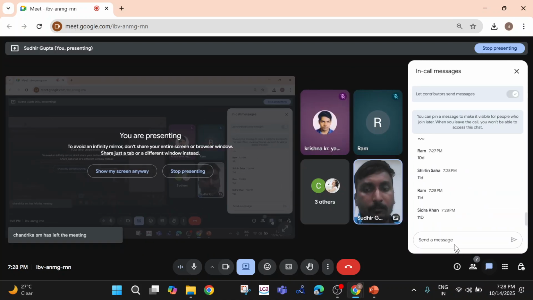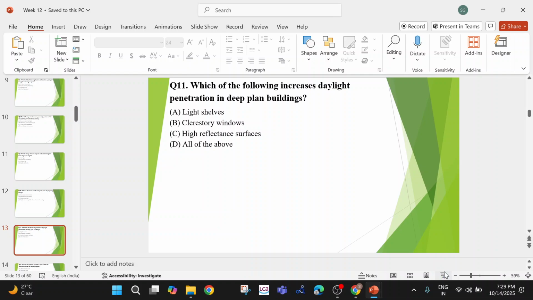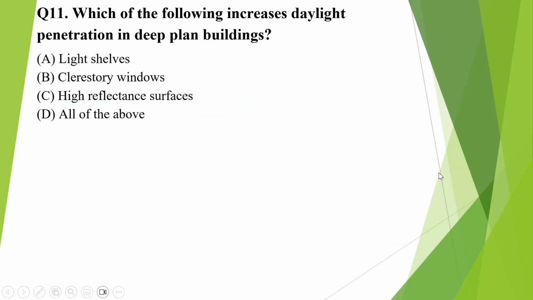Celine was first to answer this time. Sidra and Ram also answered, but all of you have answered option D. All of you are correct. Option D is the correct answer here. Options A, B, C, light shelves, clerestory windows, high reflective surfaces, all these strategies help you distribute the light more effectively in deeper zones.